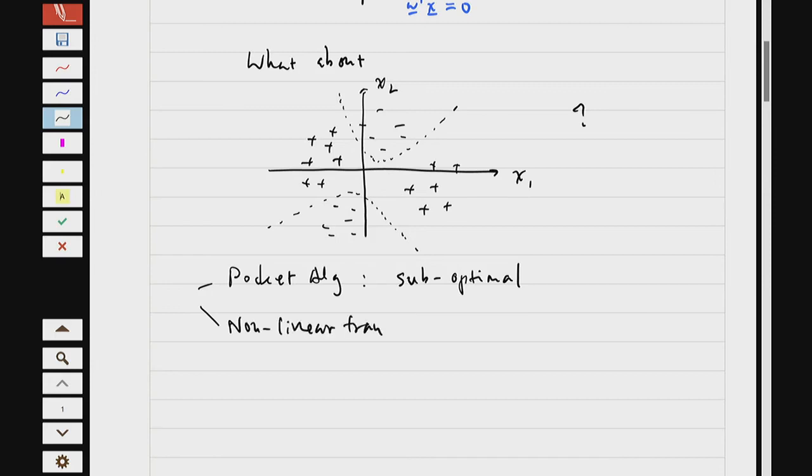For sure, this will be a prime topic for the midterm, plus neural networks as well, since we're going to finish covering neural networks by then. So an example is, say you have a z vector that is maybe 1, x1, x2, x1 squared, x2 squared. In that case, you're making a quadratic transformation, right?